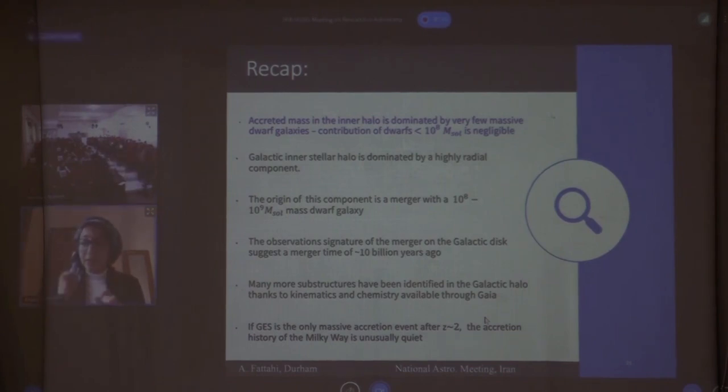The reason that this beta is very high is actually dynamical friction. This has also been shown in N-body runs: when you have a big object, dynamical friction makes the orbit sink to the center and radializes the orbit very much. Basically, the beta of the stars is the signature of the last bit of the orbit of that progenitor.